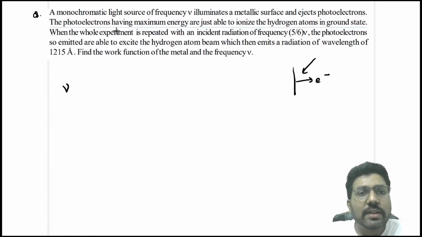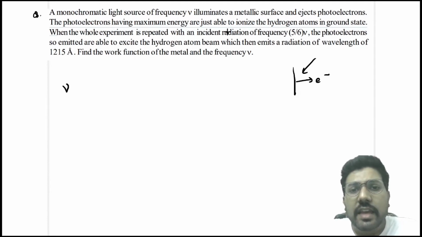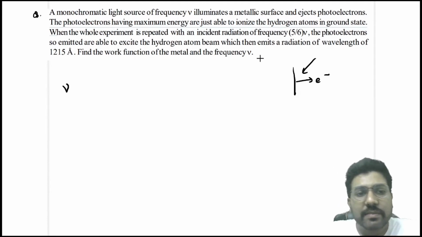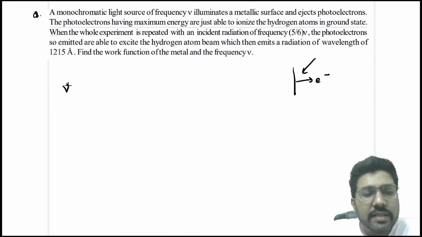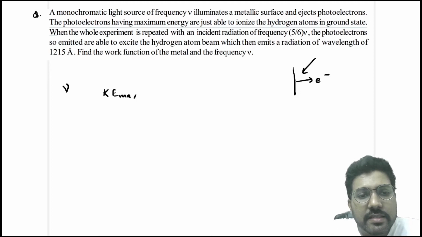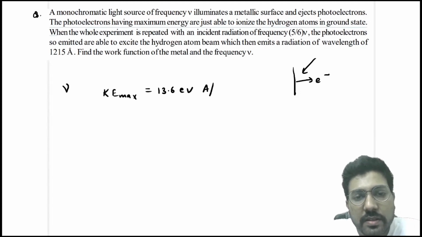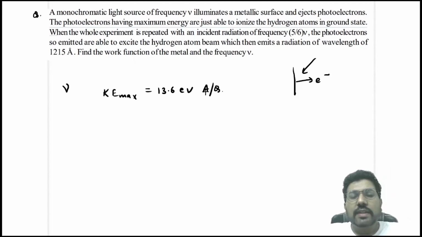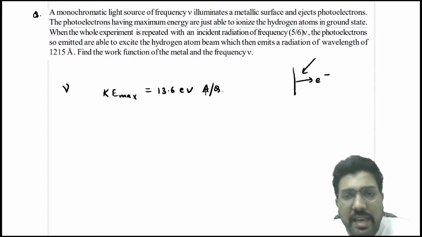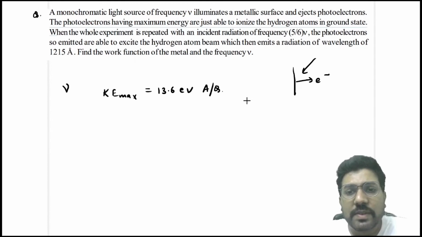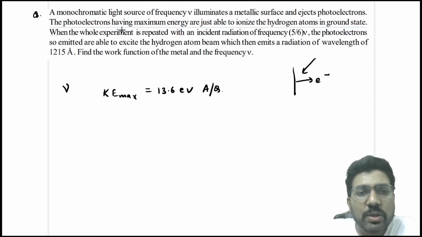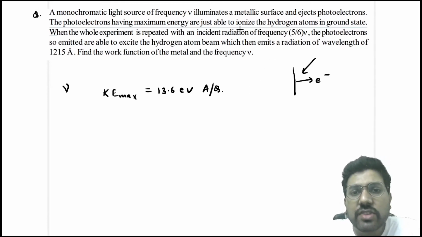The photoelectrons having maximum energy are able to ionize the hydrogen atoms. So according to the question, KE max is 13.6 electron volt, because the photoelectrons having the maximum energy are just able to ionize the hydrogen atoms in the ground state.